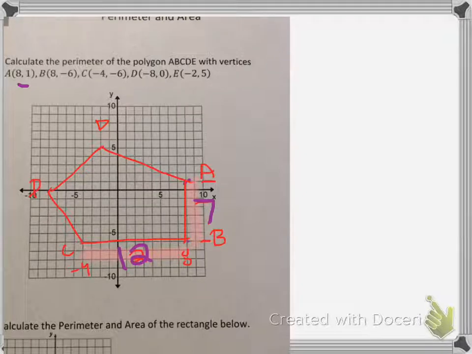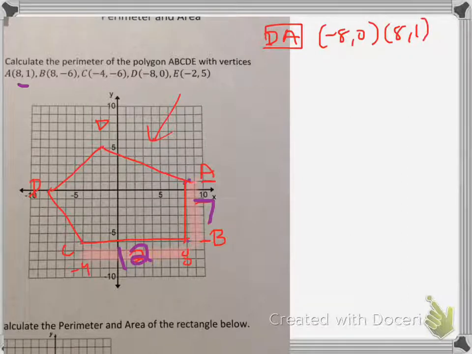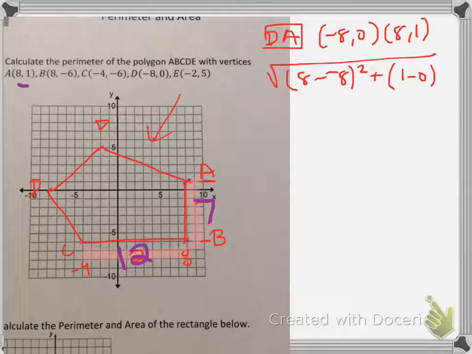Okay, so now I've got to find the distance between the other ordered pairs. So let's just pick a side to do. So let's do this side first from D to A. I need those 2 ordered pairs, D and A. D's ordered pair is negative 8, 0. A's ordered pair is 8, 1. And I'm going to find the distance between those by shoving them through that distance formula. So if you remember, it's x2 minus x1 squared plus y2 minus y1 squared.